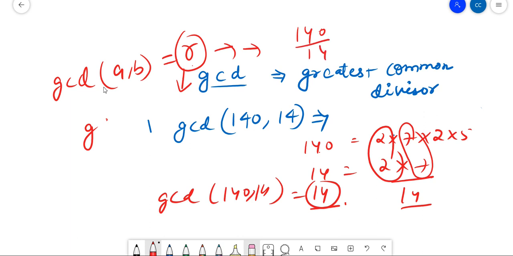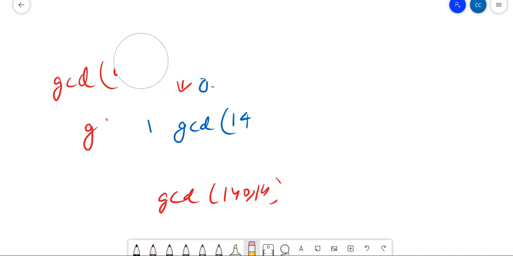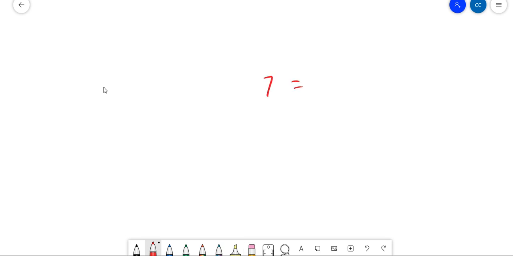Now if I take another example, like if I will take small values so that you people will get it very easily. GCD of 120 and 11, right?